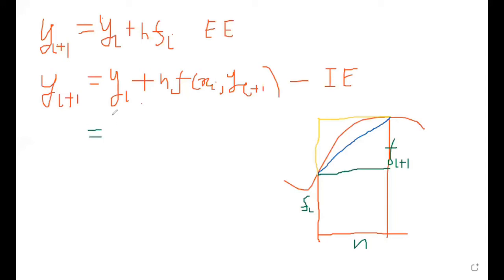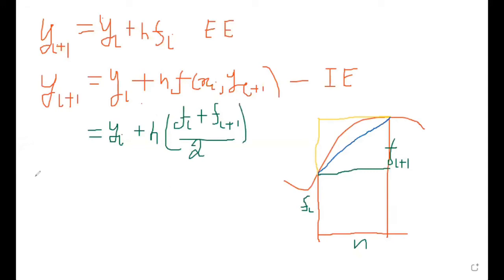Anybody can answer? It is h times the average of the parallel sides. The lengths of the parallel sides are F i and F i plus 1, so the average will be F i plus F i plus 1 divided by 2.